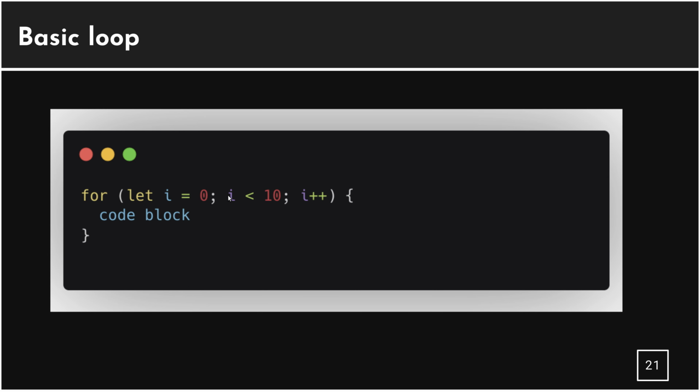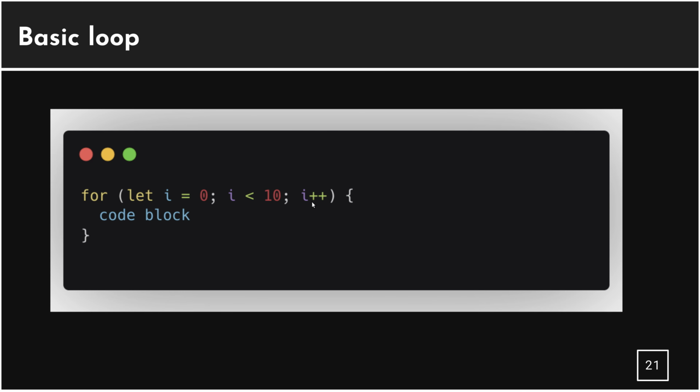After that, we have the exit condition. The exit condition right here is if i is strictly smaller than 10. If this condition evaluates to false, we'll break from the loop. Effectively, it means that we'll execute the code inside the for loop until this condition is no longer valid, when it will be false.